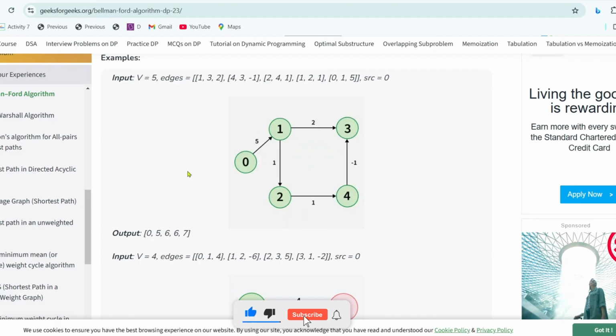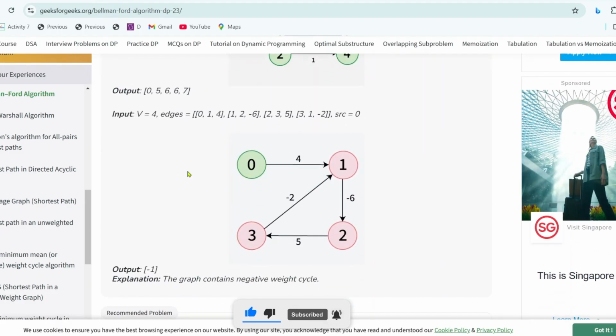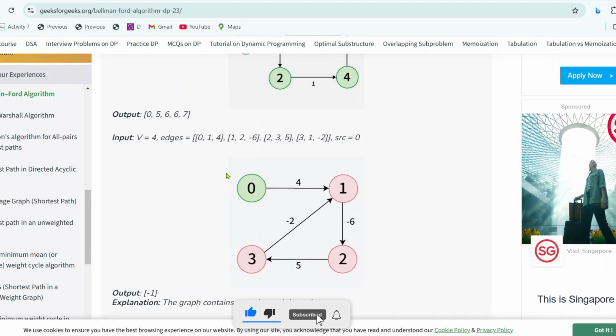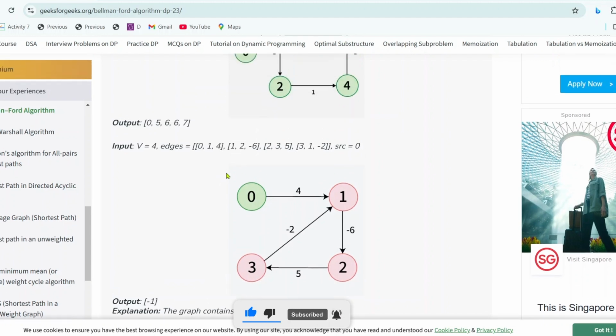So now if we consider the second example, in any given graph, first we need to find the cycle. Cycle means if there is any negative weight in the given cycle.